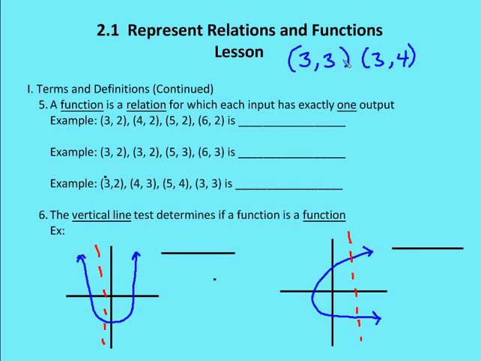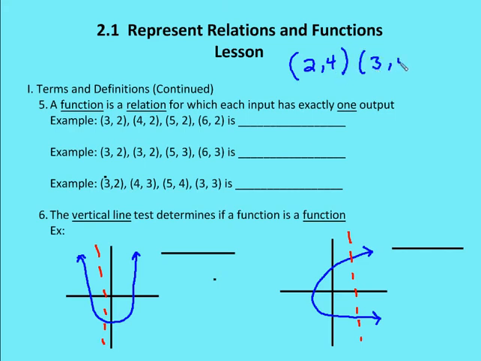If there are 2 different y values for the same x value, then it is not a function. Now, I could have the same output for different inputs. So what would be an example of that? Well, let's say that I have 4 as my output for both 2 and for 3. So I put in 2, I get out 4.